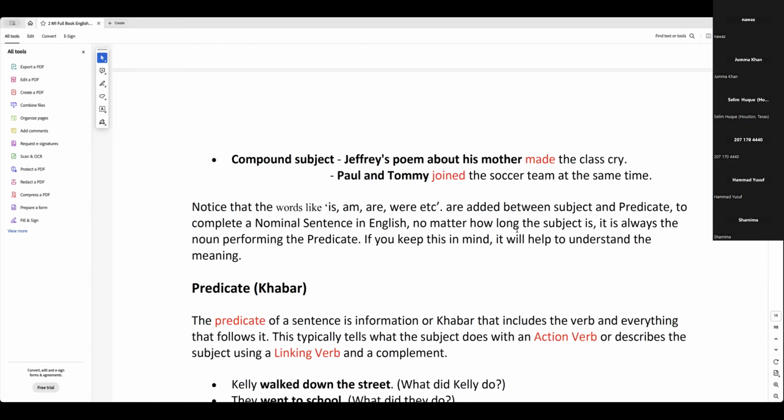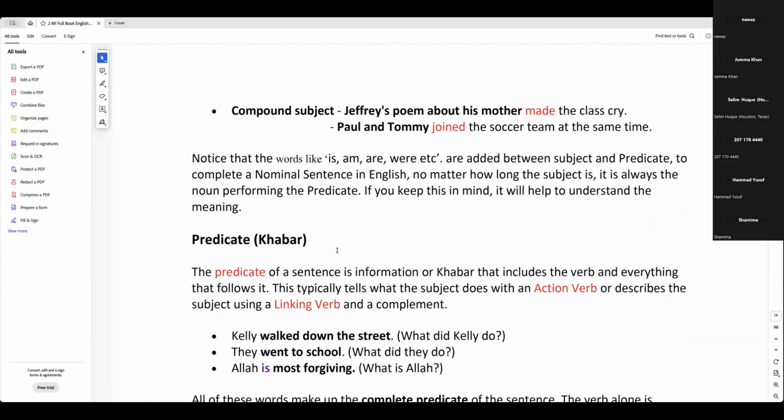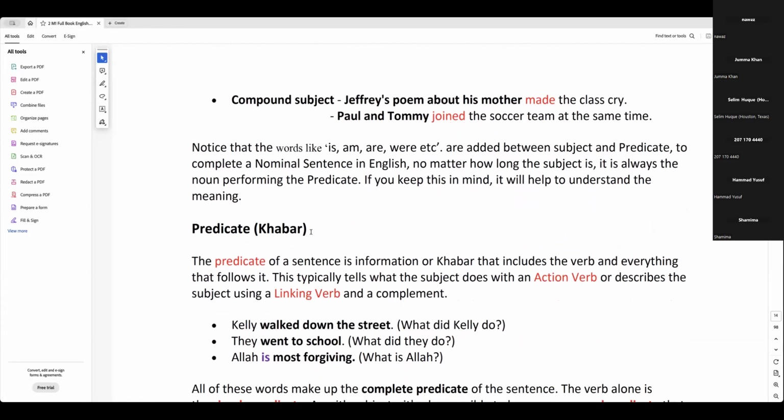No matter how long the subject is, it is always the noun performing the predicate. If you keep this in mind, it will help you to understand the meaning, okay? Now we're going to touch on the predicate.